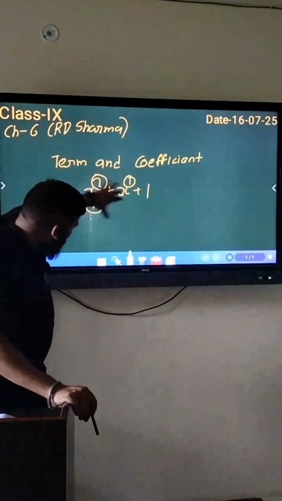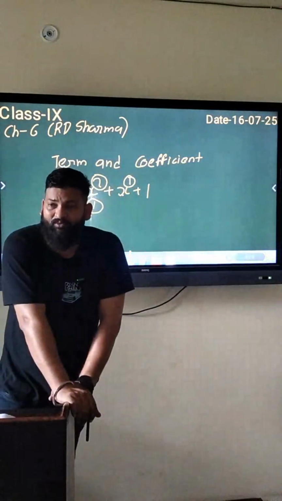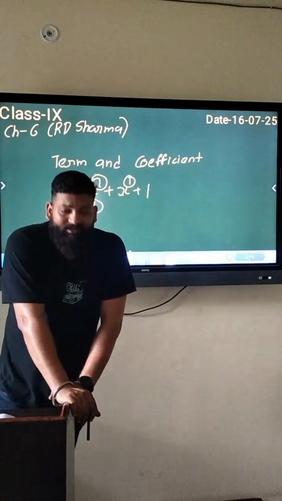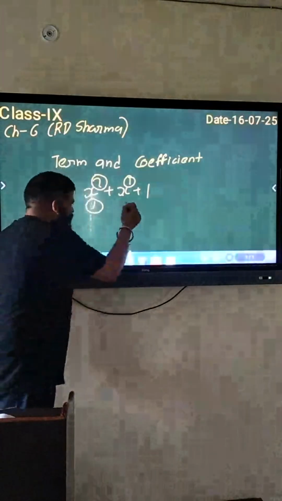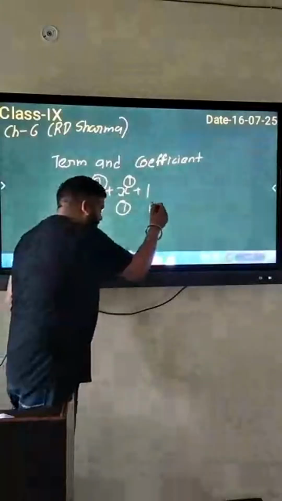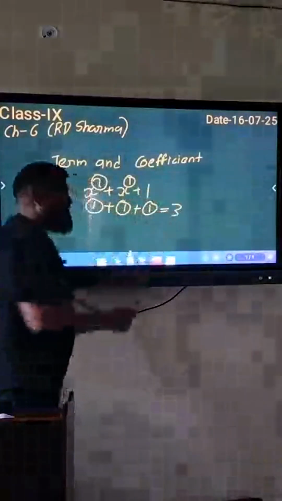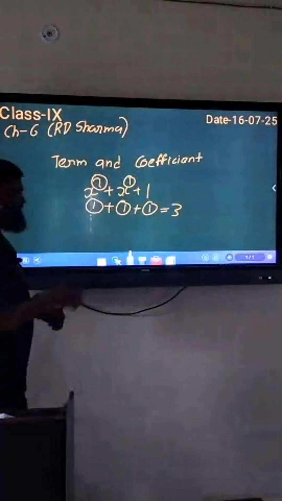Is there any other term which has power 1? No. So again we count 1. And now this is the constant term. Is there any other constant term? Again we count 1. 1 plus 1 plus 1. So how many terms are there? 3 terms. Sit down.